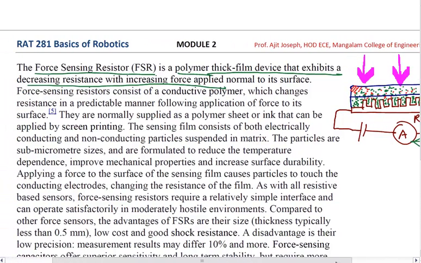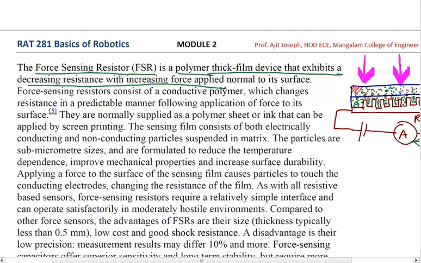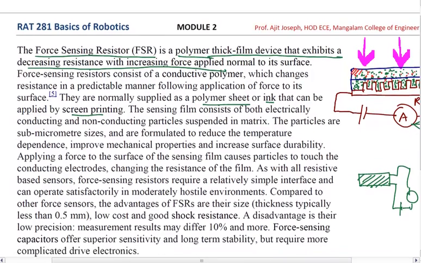People have come out with very good ideas for this material. Some provide it as polymer sheets, which you can cut and paste anywhere, connect the electrodes, and directly connect it with the battery and current sensing. It is like a small polymer film, or sometimes like paint or ink applied by the screen printing method. That is how we have the FSR.